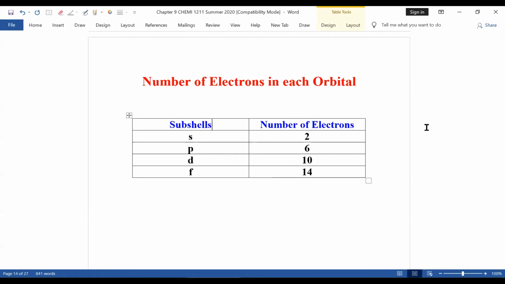And you do not have to memorize this because I will give you this chart for test number 2 and important information, but subshell S can only have 2 electrons, P, 6, D, 10, F, 14. So the maximum number of electrons in any S subshell, whether it's 1s, 2s, I'll explain what I mean by that in a little while, is 2, P can have 6, D 10, F 14.